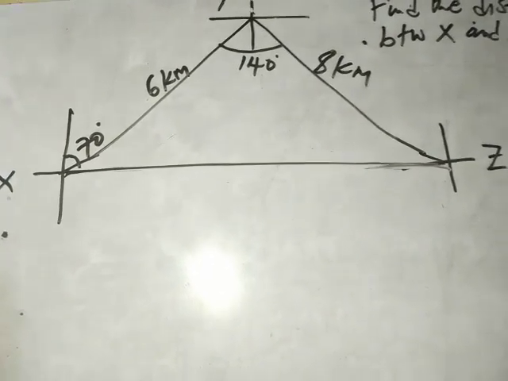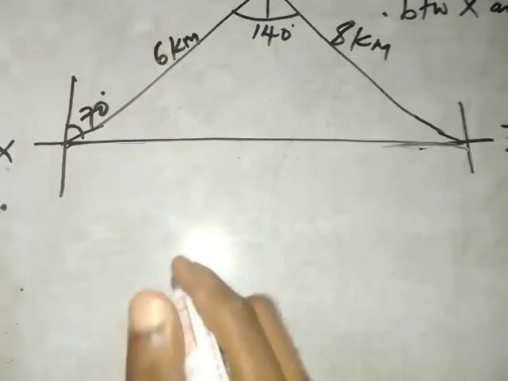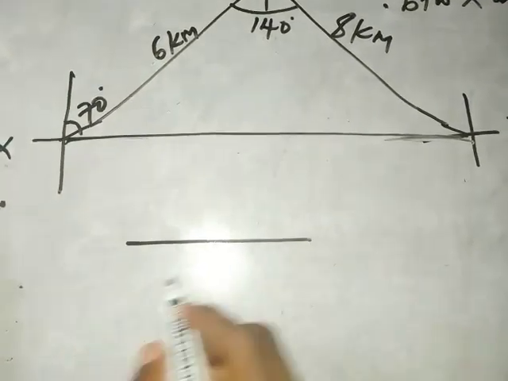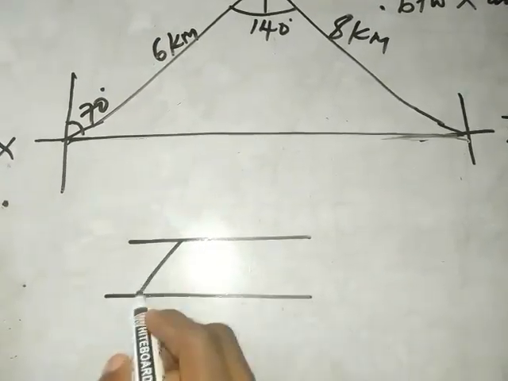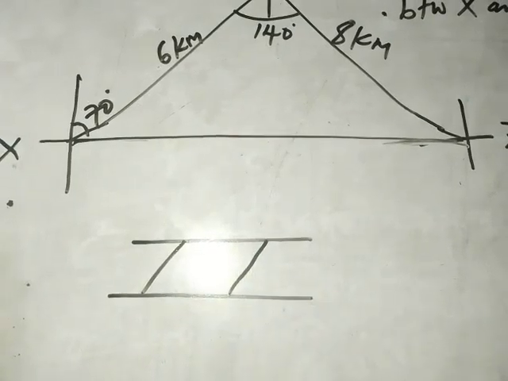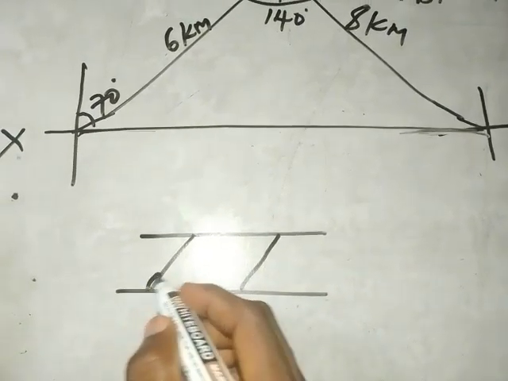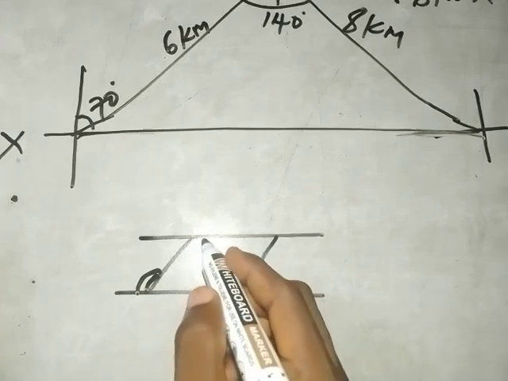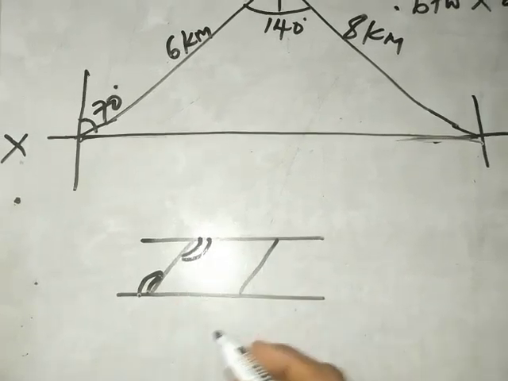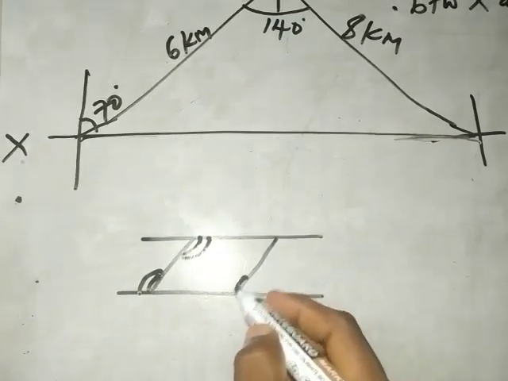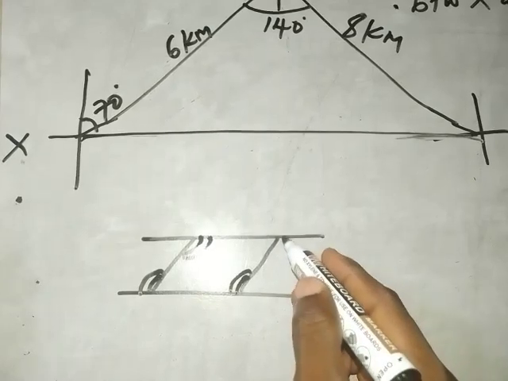All right, so if you have something like this, now do you know that this angle is opposite to this angle? This angle is also opposite to this angle.